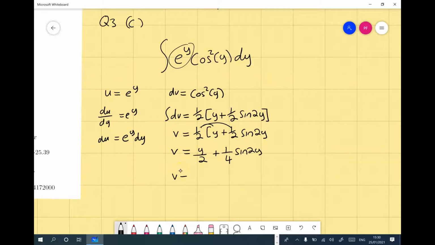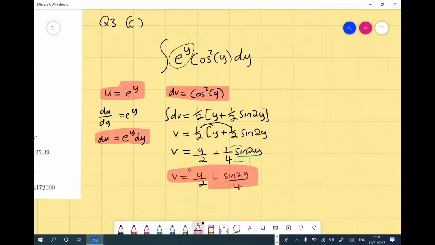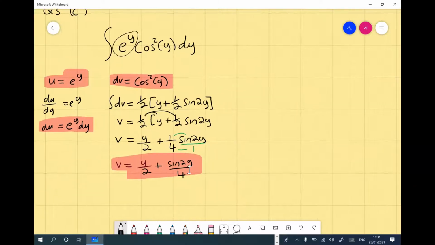Okay, so v is equal to y over 2 plus, and remember I said before I could treat the sine 2y as if it's over 1, so fractions multiplying top by top, bottom by bottom, that'll just be sine 2y over 4. Now we'll probably end up stripping the 2 back out of that later, but it's just a little easier to look at for the moment. So I have my 4 important parts: u, du, dv, and v. So let's now try to do our integration by parts.